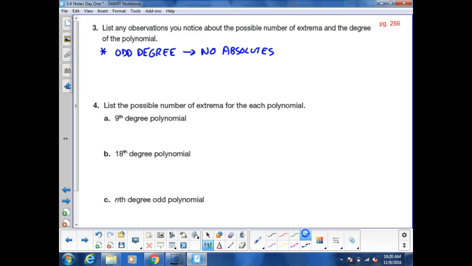I'll give you one from the last class. The last class said that the number of extrema is not more than the degree.